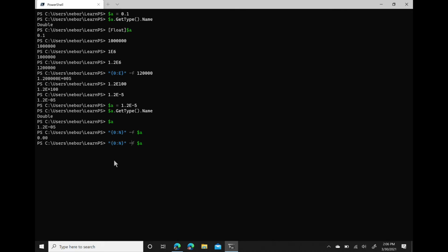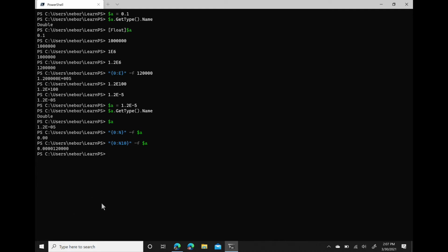I think I need more decimal places. Let's give it 10 decimal places. Okay, then we see that we start with 1.2 when we created this number, and then we take the decimal point and move it 5 places to the left because it's times 10 to the negative 5, and this is the value that represents, 0.000012.